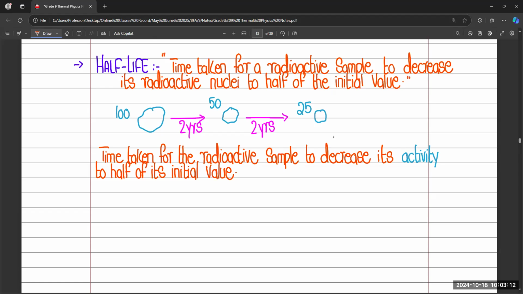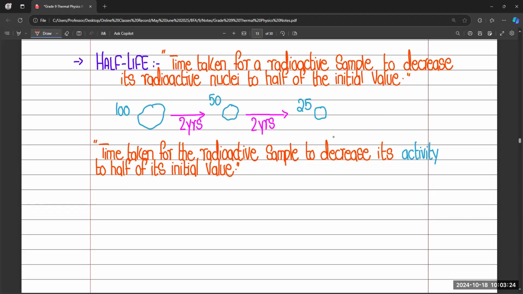And both definitions are important because in the second definition you can see there is a term activity, right? That is written with a different color because the meaning of activity is very important to understand, because in your exam question sometimes you will get this term activity. So you need to know what the meaning of activity is and why we are using this term. The term activity gives you the same idea basically.